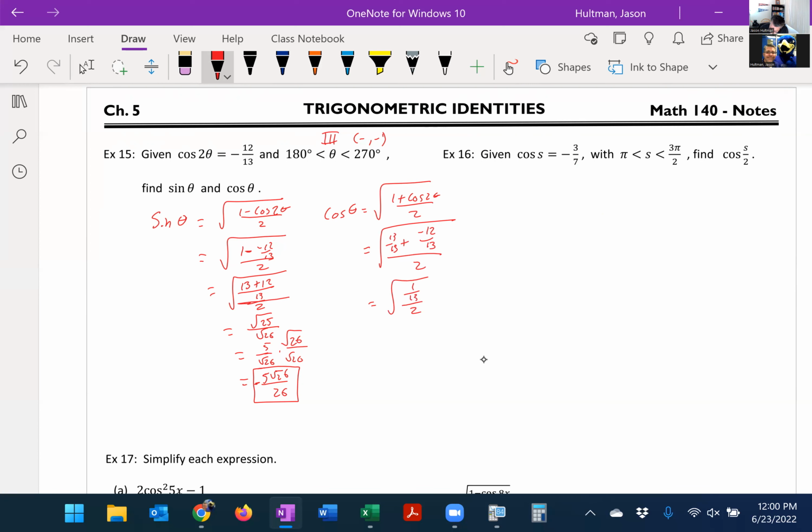That becomes 1 over 26 square root, which ends up being 1 over radical 26. If I take the square root of the top and the bottom and multiply by radical 26 over radical 26, we get radical 26 over 26. And this again is negative because it's in the third quadrant.